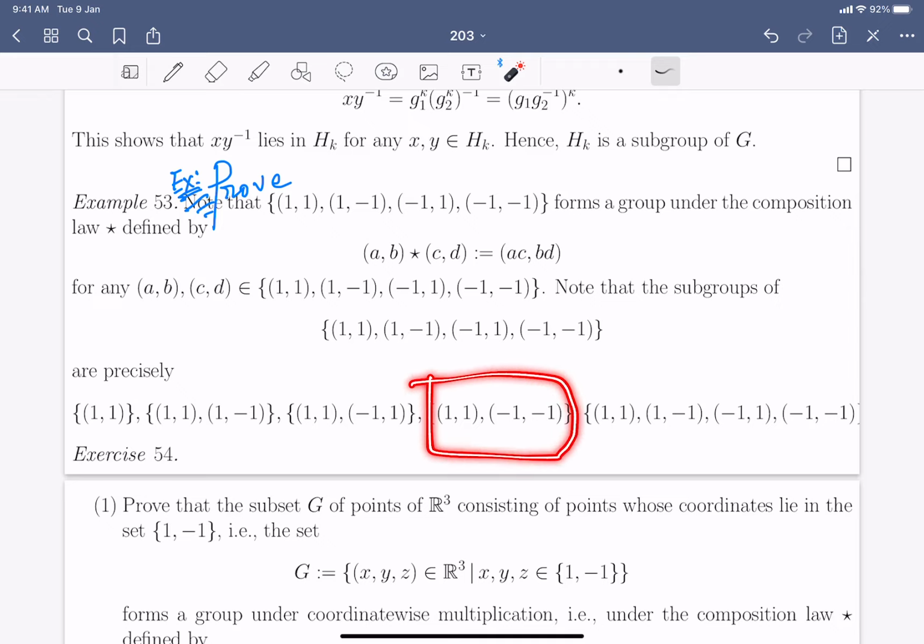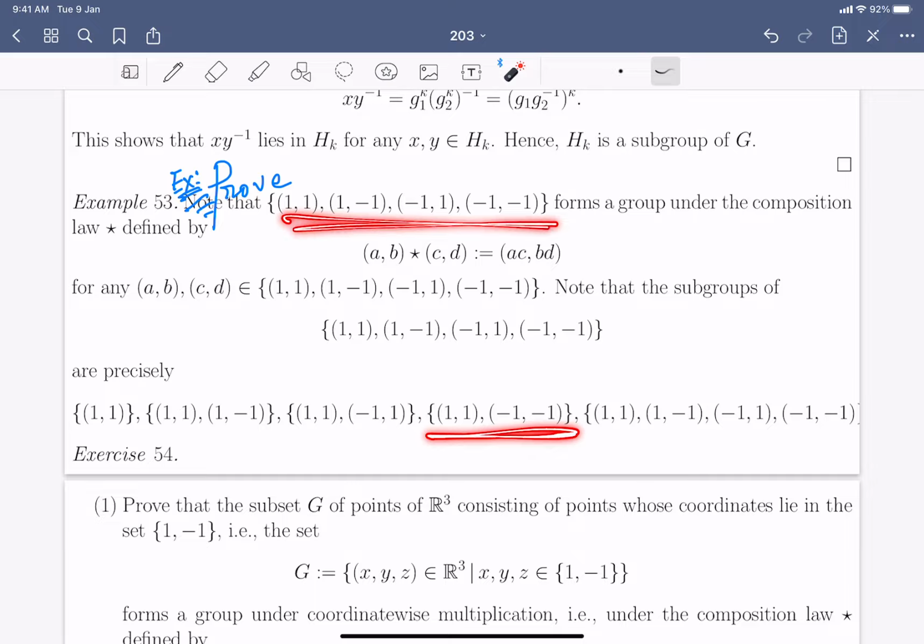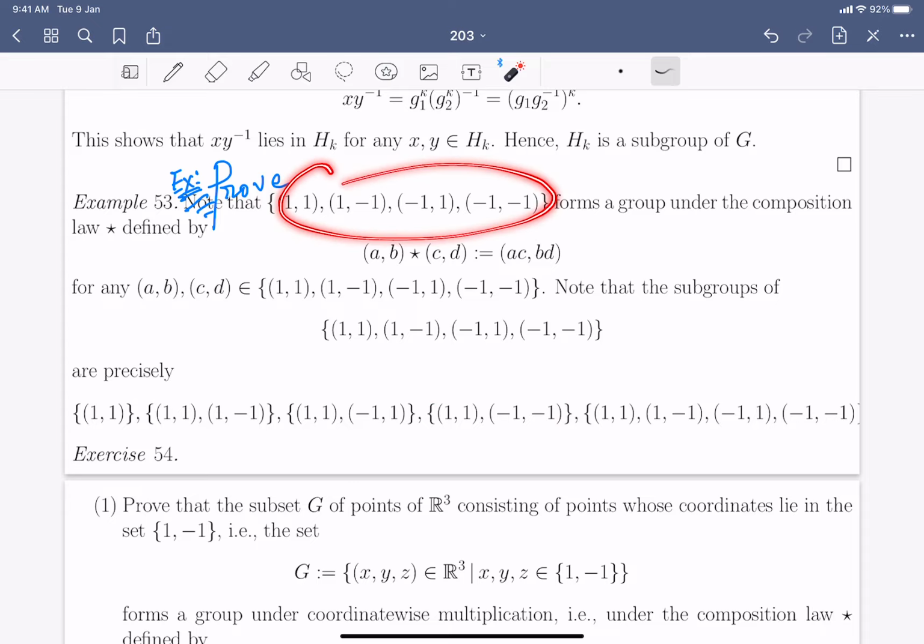This looks nice. This is a subset of the set that you started with, and note that it contains the identity element of this set. One can show that the identity element of this group is the element (1, 1).